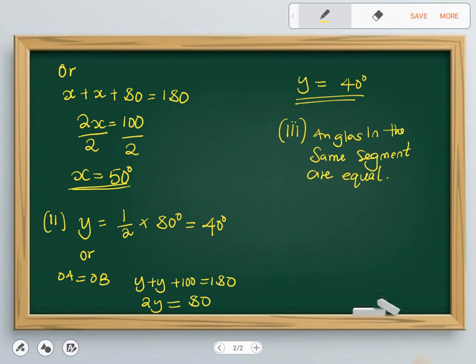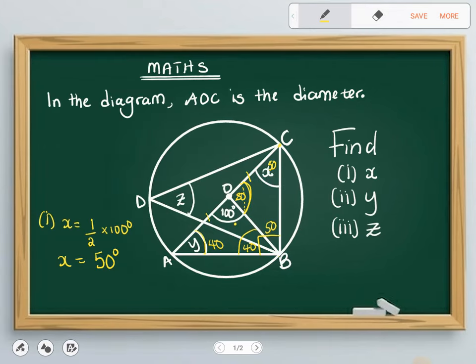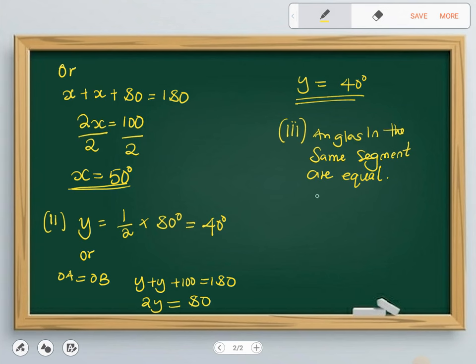Or you can say angles in the same circle or in the same arc are equal. That's an arc. So this angle and that angle are equal. So z is also equal to 40 degrees.